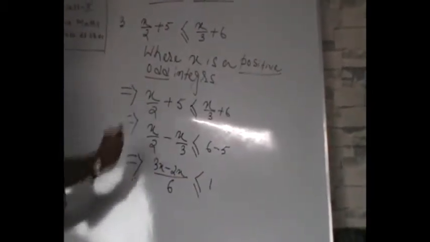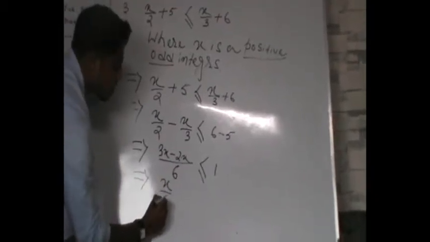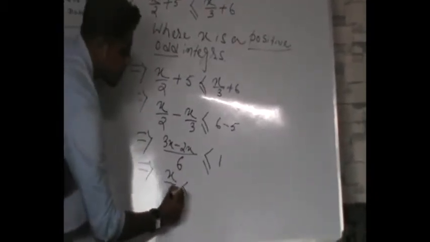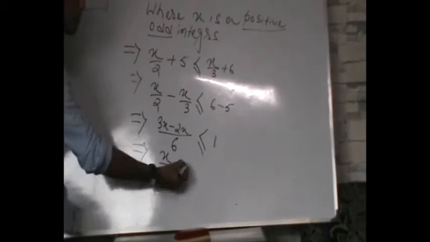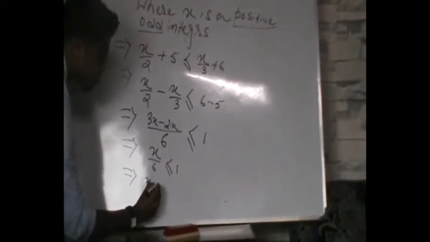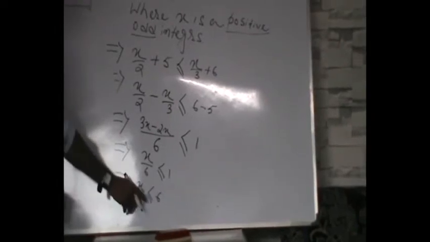Clear? 3x minus 2x is x by 6, less than equal 1. Now the cross multiplication, 6 into 1, it will be 6. That is x less than equal to 6.